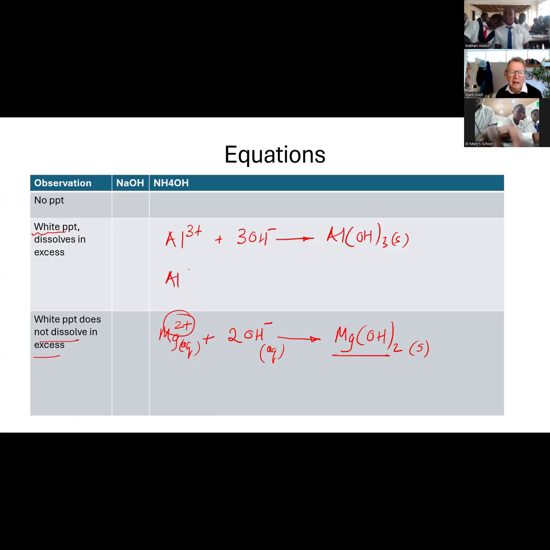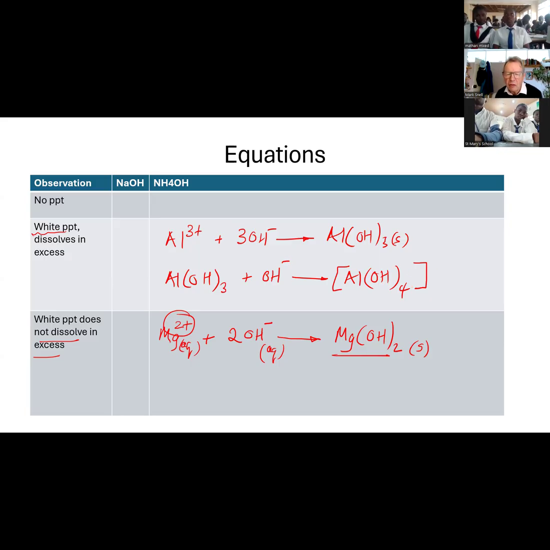Then the AlOH 3 has one more OH minus added to it to make AlOH 4. Put it all in square brackets. Every time it dissolves, put it in square brackets.